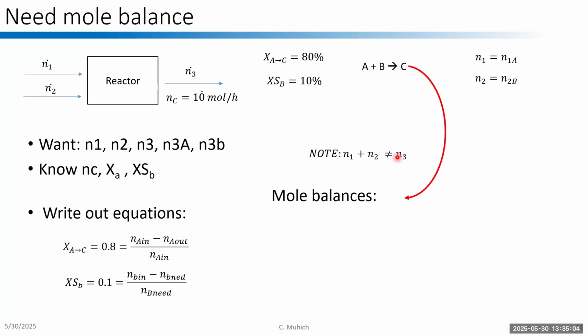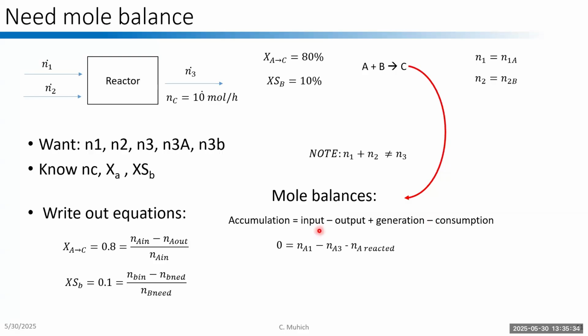Okay, so now let's go ahead and write out our mole balances. Again, we're going to use accumulation equals input minus output plus generation minus consumption. So previously we had said that generation and consumption were 0, but now those are no longer true, right? This reaction, A plus B goes to C, is going to start cropping up in our generation and consumption terms.